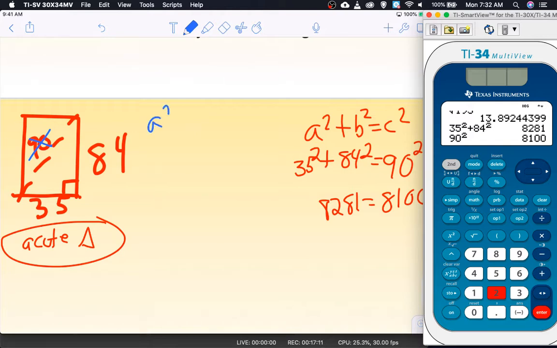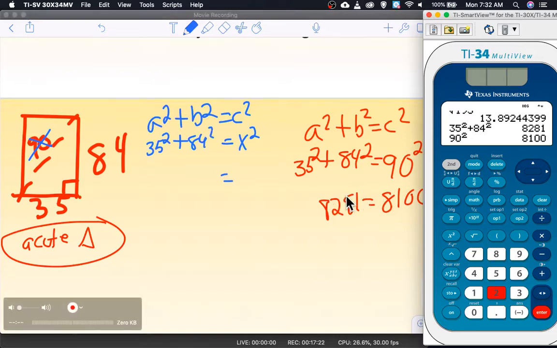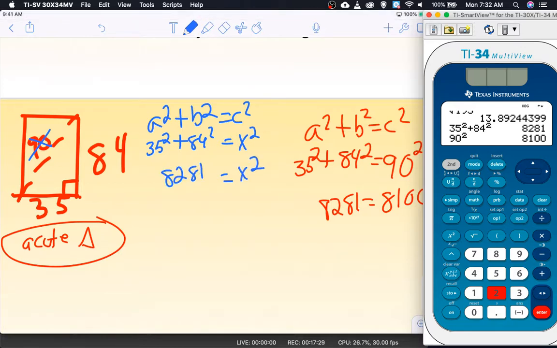And we just do the Pythagorean Theorem a second time. This is very similar to the previous problem, where now my hypotenuse is an x, and there's my 35 plus 84 squared, and I'm cheating looking at this math over here because I already did it. That's 8,281 and x squared. When I square root both sides to get rid of my x squared, to make it just plain old x, we get the square root of 8,281, which is 91.